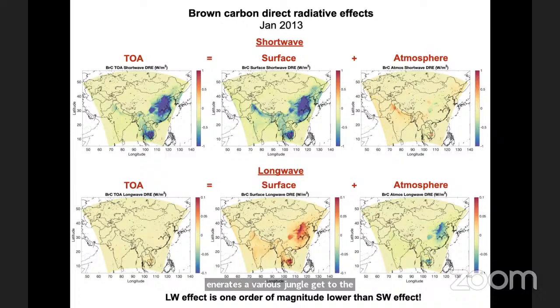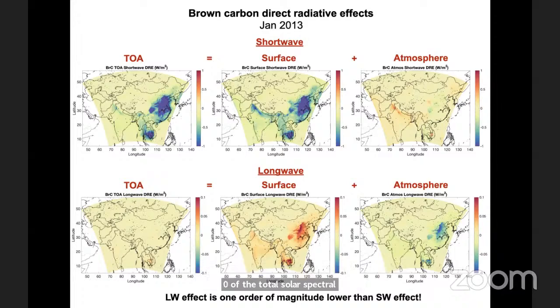This is partially compensated by a warming effect in the atmosphere, because the brown carbon can strongly absorb solar radiation at the near-UV wavelengths. But you see that this warming effect is relatively small because the strong absorption mainly occurs at the UV wavelengths, which account for only 8% of the total solar spectral energy.